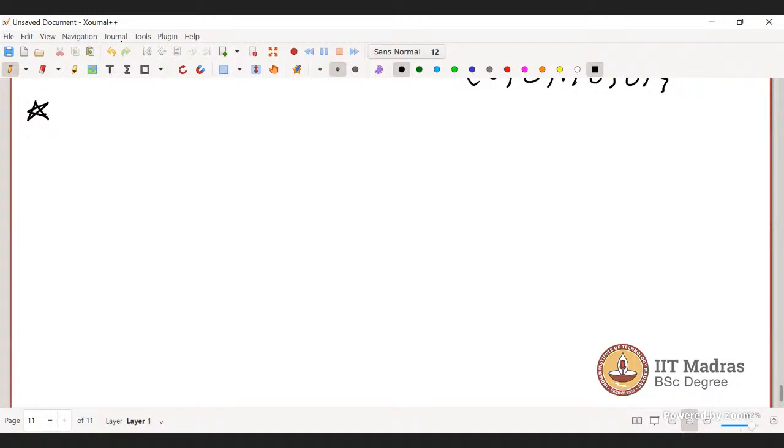The description does not match this. So they are assuming 1 by 3, 1 by 3, 1 by 3, because x0 will not be that initially. In the description, the pattern is only RR, RR, and RR, so you will not have a possibility of small r at all initially.